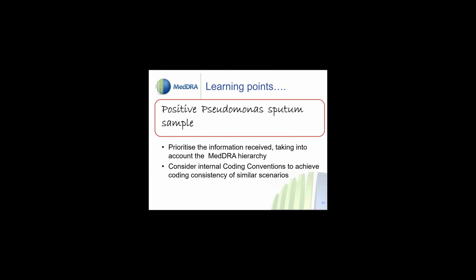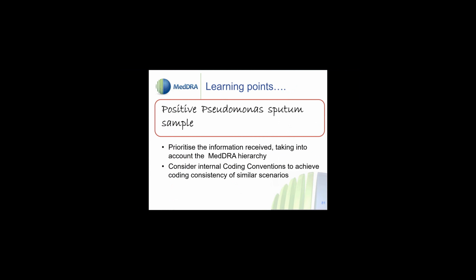So it's the positive pseudomonas test LLT is more specific, also on PT level. But of course, you could take a different approach based on specific considerations for your products. But then this is what I meant with the internal coding conventions. Then these rules have to be documented, because otherwise you will get inconsistency in your coding.